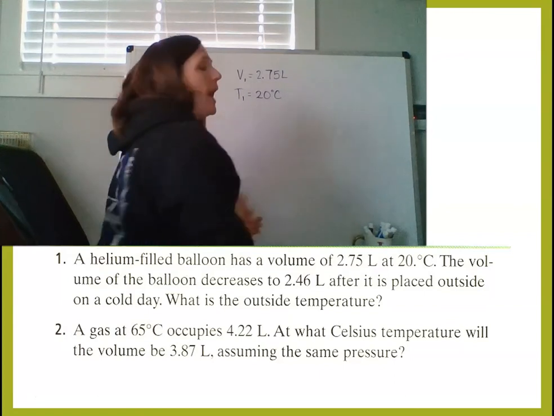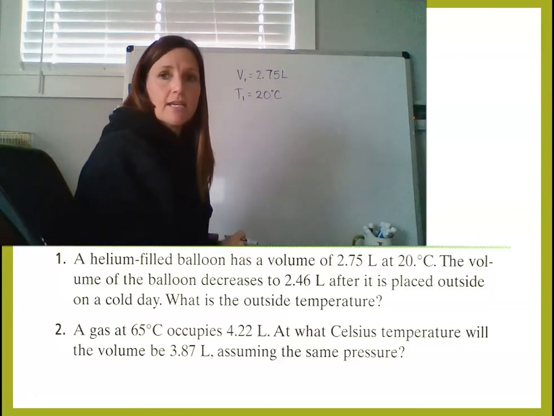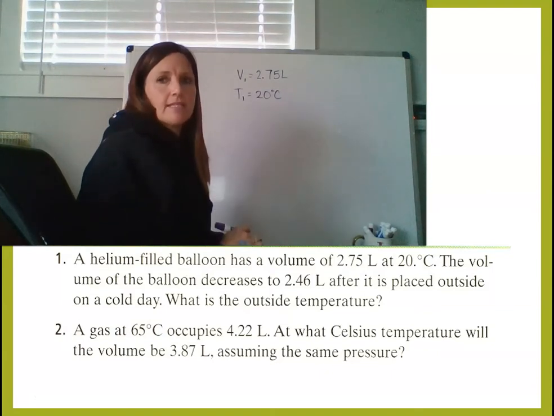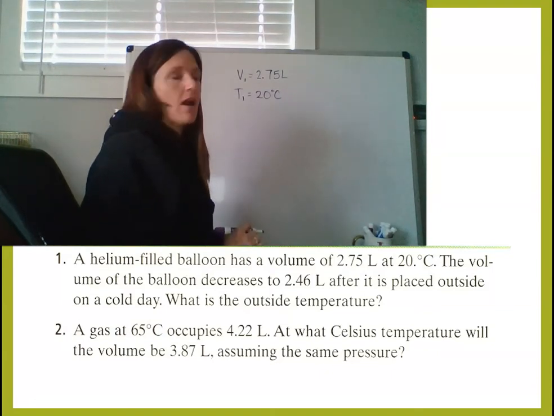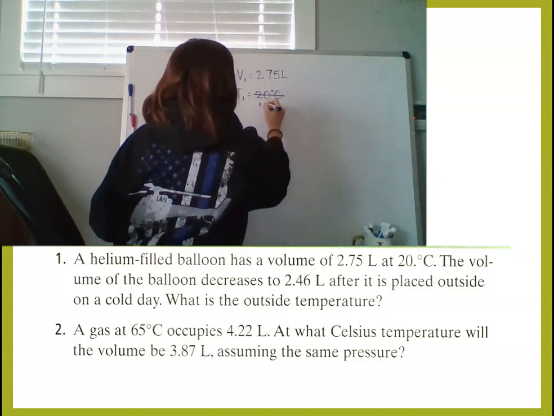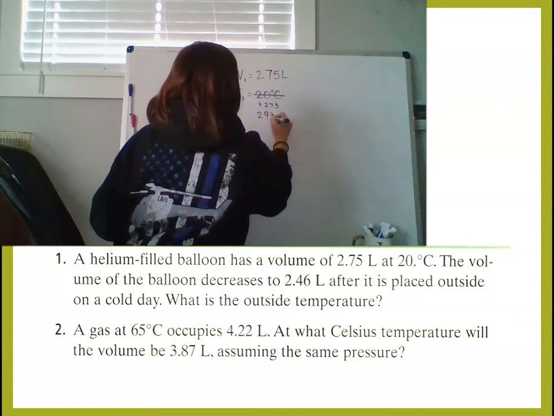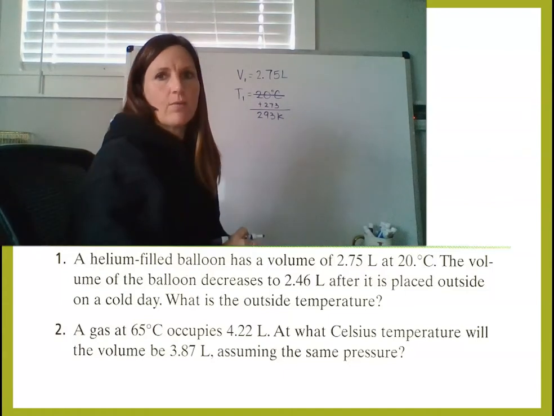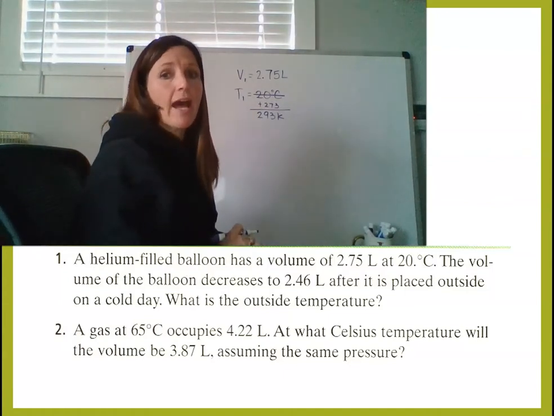And remember, as soon as we see that we're in Celsius, we need to change that to Kelvin. We cannot keep things in Celsius for Charles' law. So we immediately add 273. So temperature 1 is 293 Kelvin. That's immediately what we do. We don't leave it there because we'll forget.